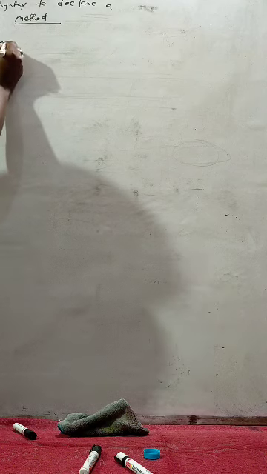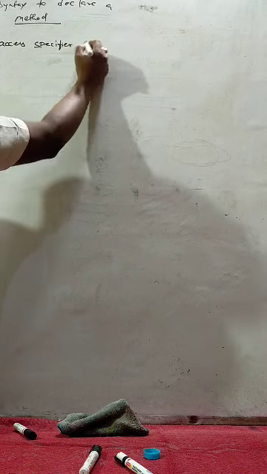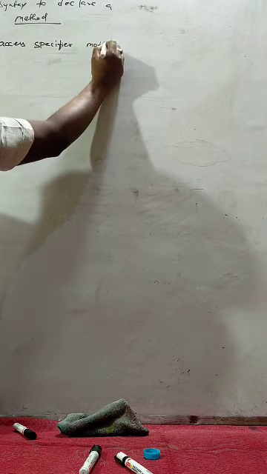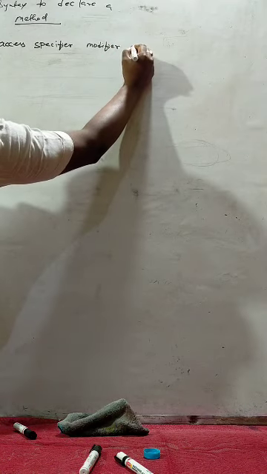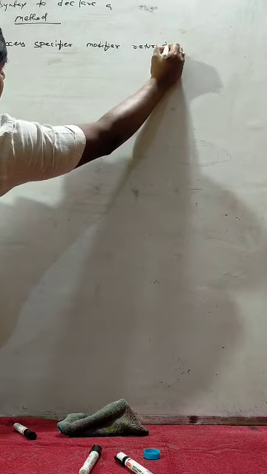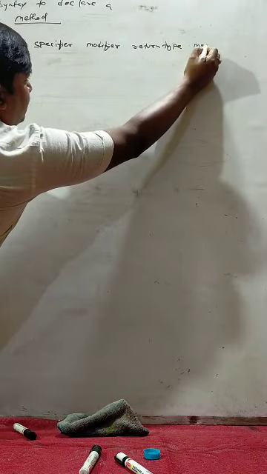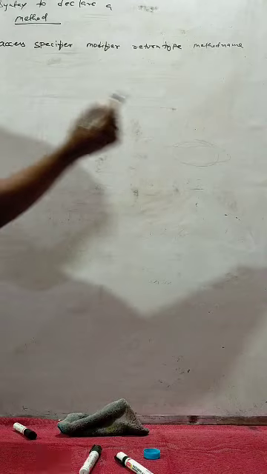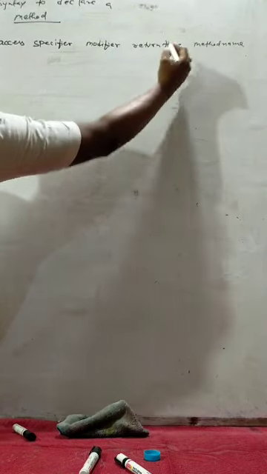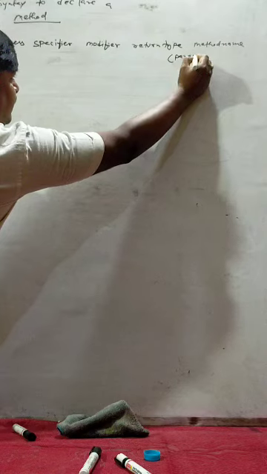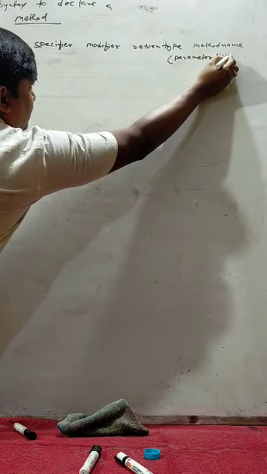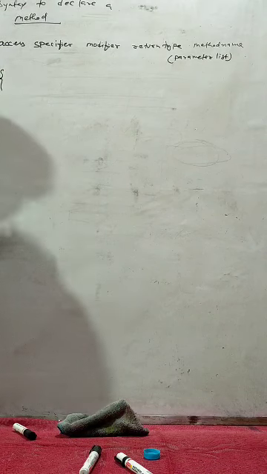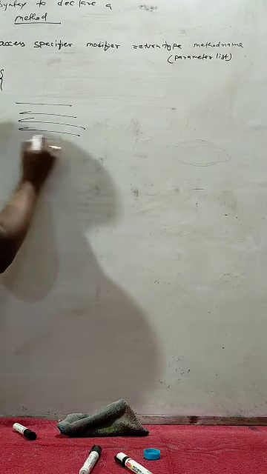Syntax is: access specifier, space, modifier, space, return type, again space, method name, space, parenthesis, and inside the parenthesis the parameter list, and opening bracket, then the statements of the method.